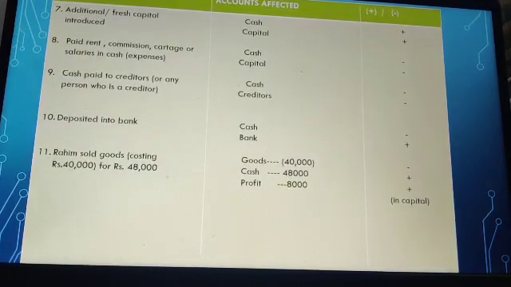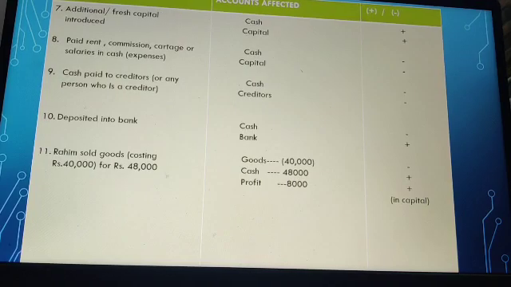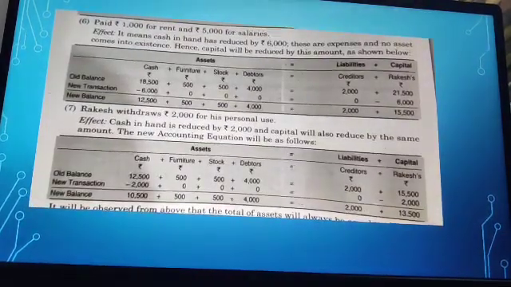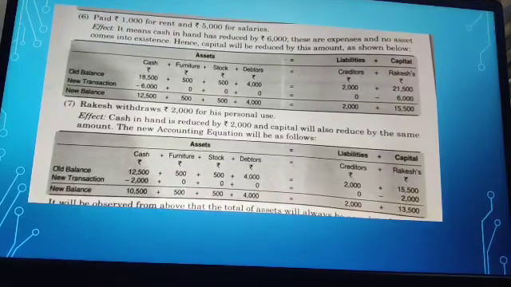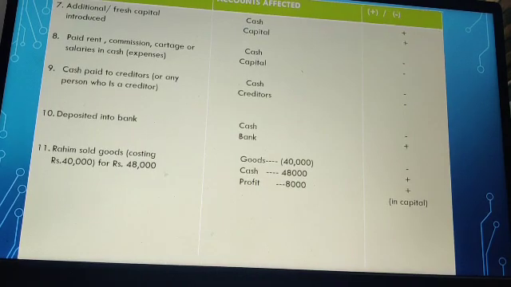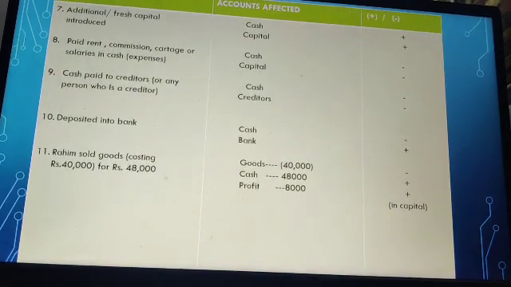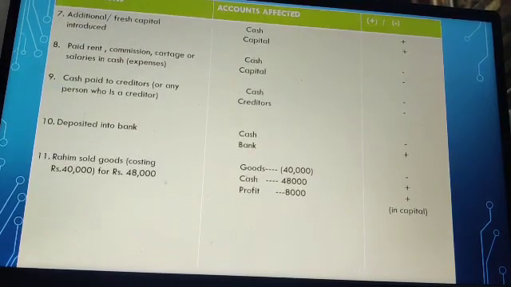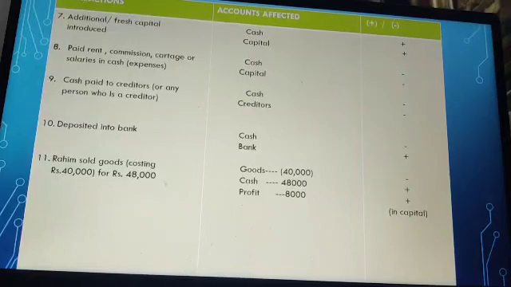Paid rent, commission, cartage or salaries in cash. As we discussed previously, paid rupees 1,000 for rent, paid rupees 5,000 for salaries, these are all expenses. In the similar way, paid rent, commission, cartage or salaries in cash, they are all expenses. Again, you are going to reduce your cash and reduce your capital by the corresponding amounts.